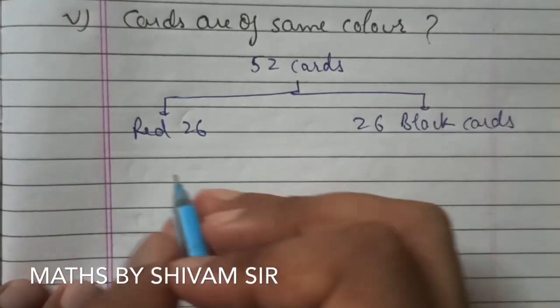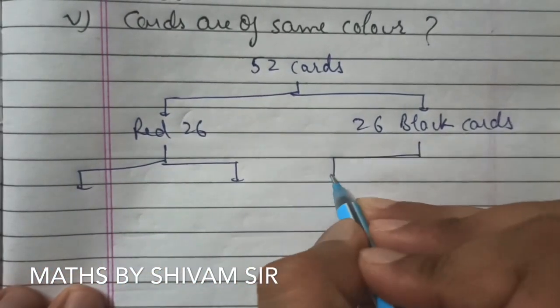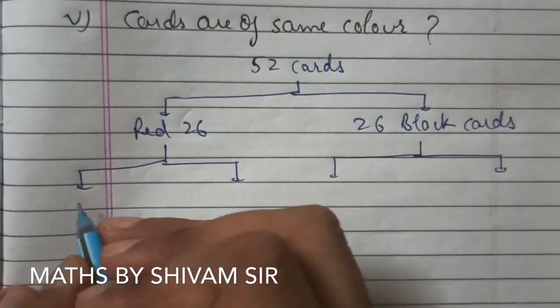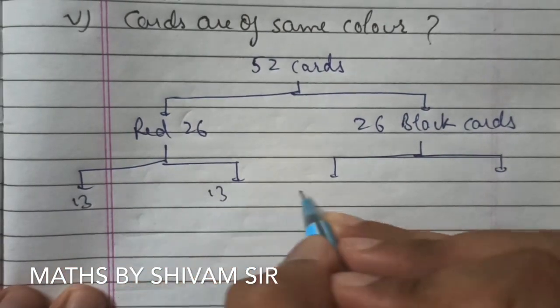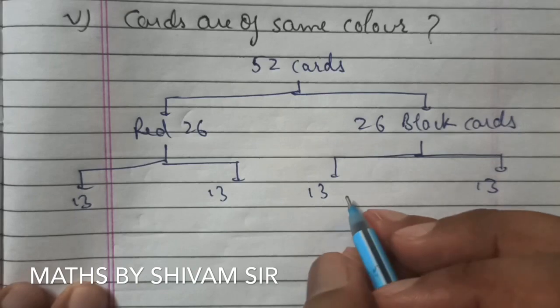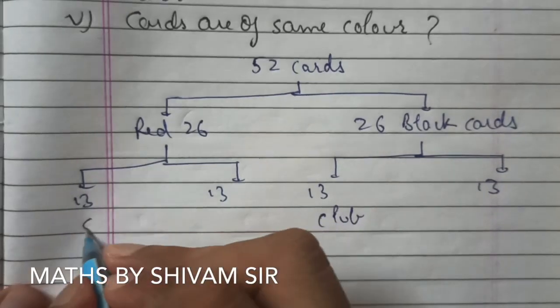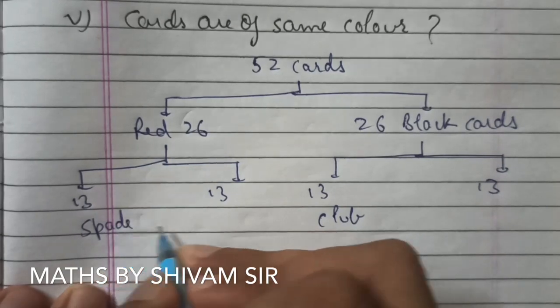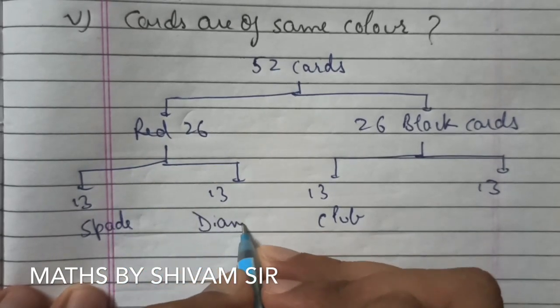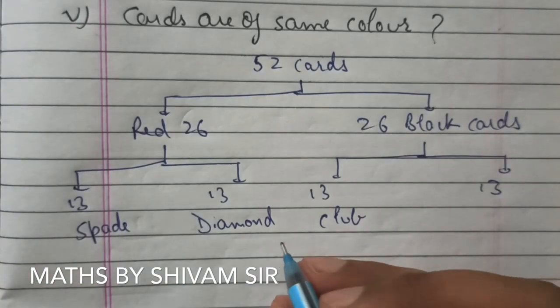So out of these 26 red cards we have 2 categories, and out of the black cards we have 2 categories. Each of them has 13 cards, right? The categories are club, spade, diamond, heart.